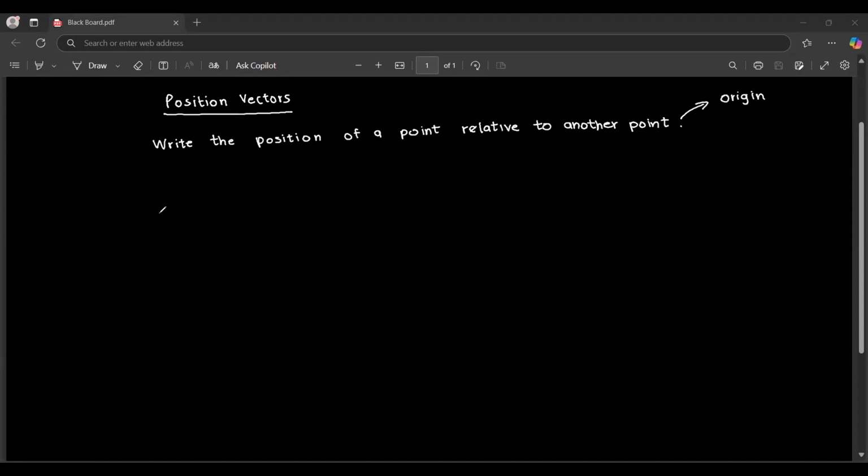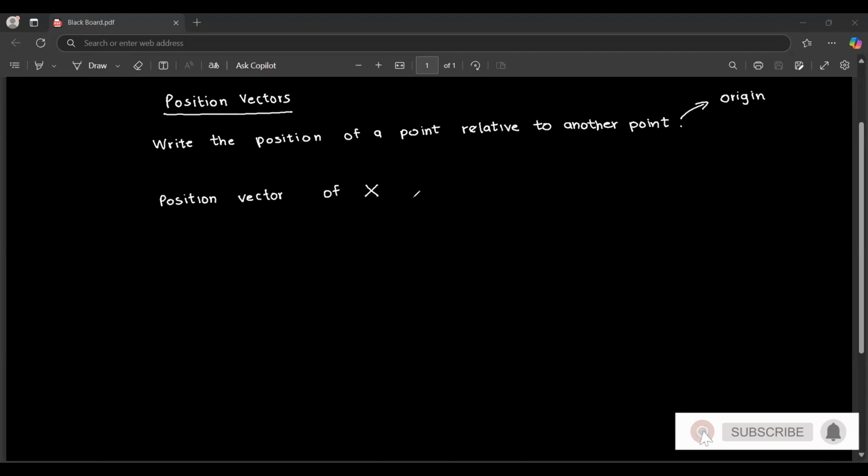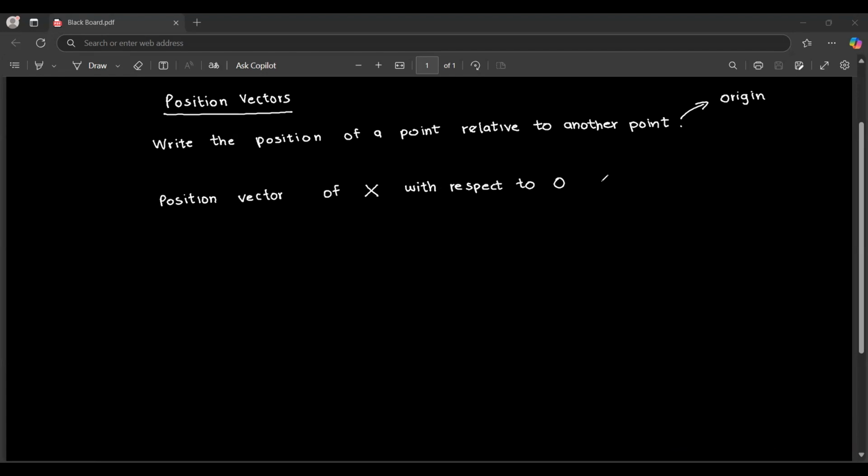They say the position vector of x with respect to O is some value. What do they mean by this expression? Let's say there is a point O, and x can be here, here, or here, or x can be at the exact origin and the vector can be null.